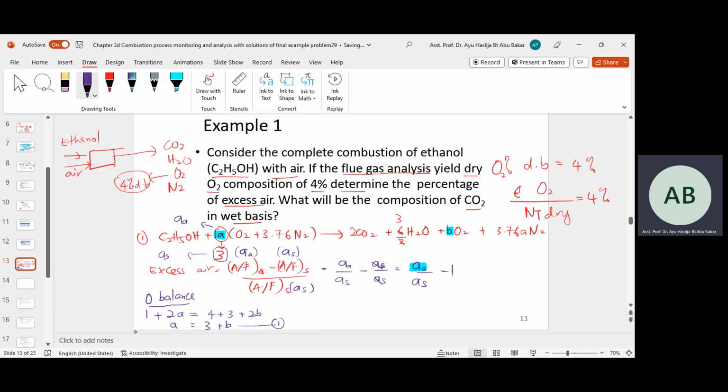Okay, this is the first equation from the O balance. Now another equation, how can you calculate? We need another equation in order to solve the two unknowns. The N total, and also from this info, the 4% over here, the info from the 4% of O2 in the flue gas.